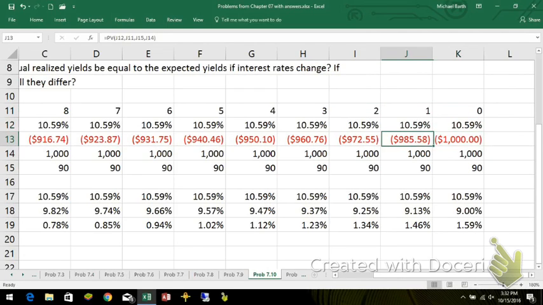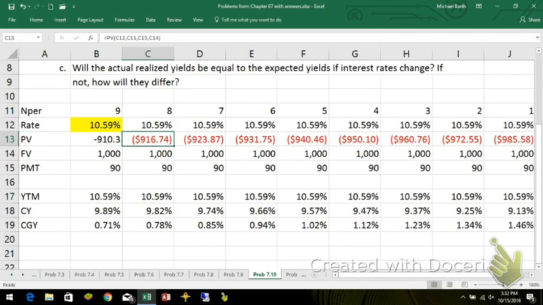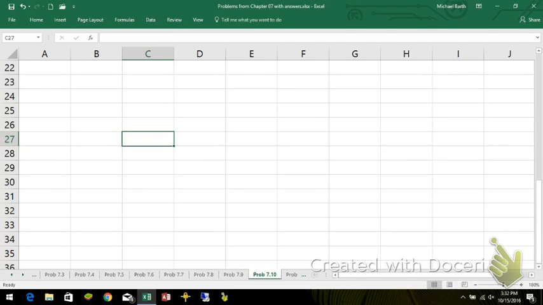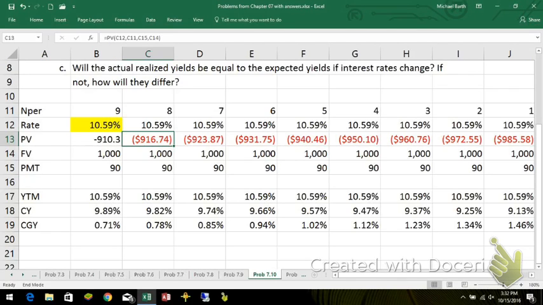You can see that over its life, if market interest rates do not change, and that's a pretty strict assumption, I'd assume that they will change, because they change continuously throughout the day, let alone over the course of a year. So when you look at the price increasing each year, that's what you're getting down here.